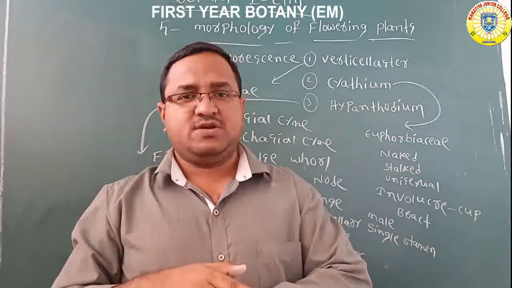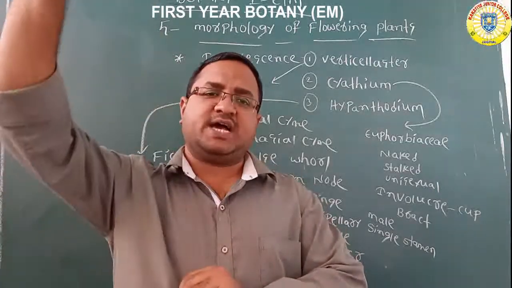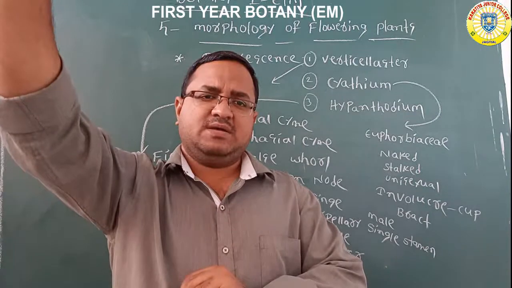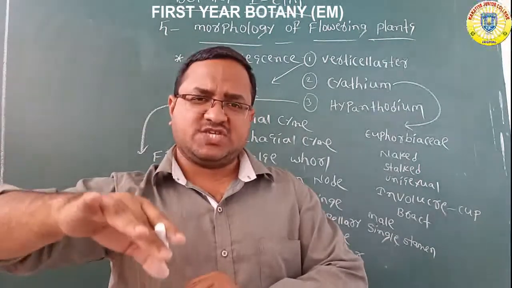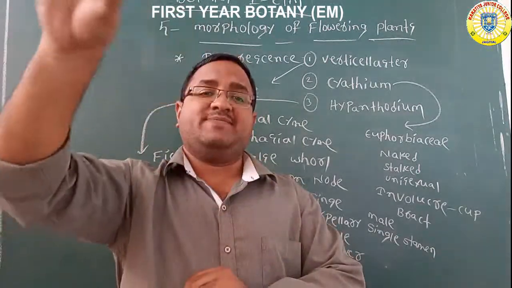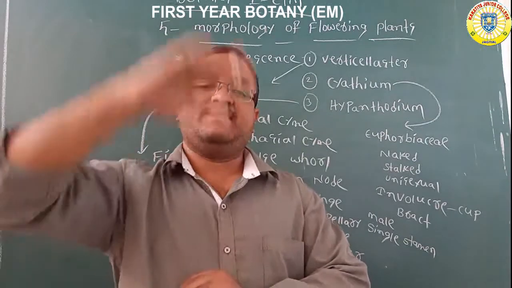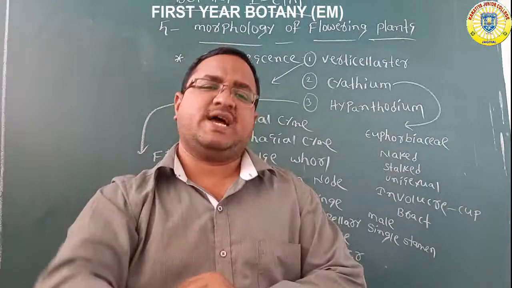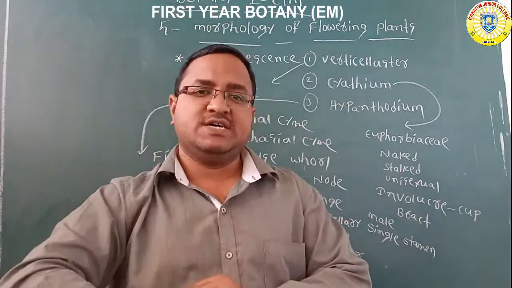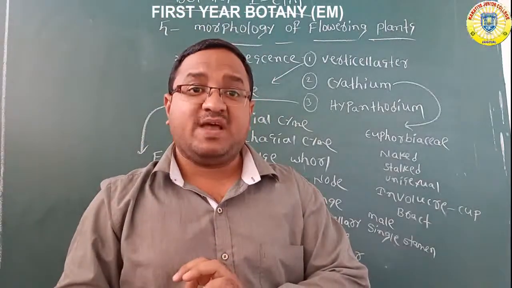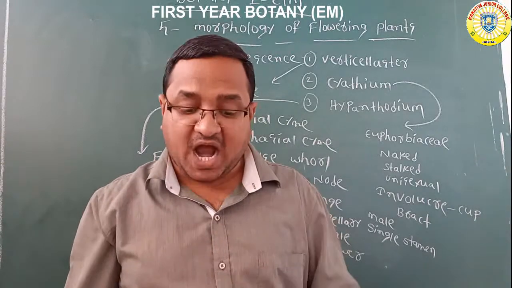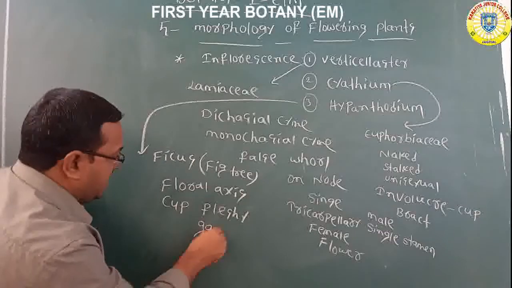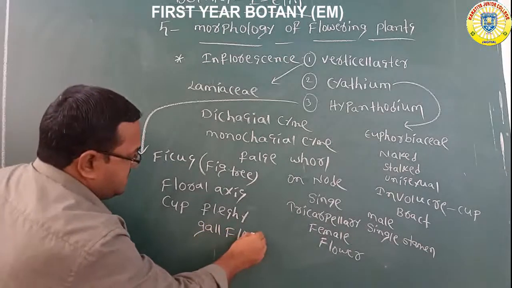The sessile unisexual male flowers are attached at the top side opening, and female flowers are attached at the bottom. The sterile female flowers are called gall flowers.